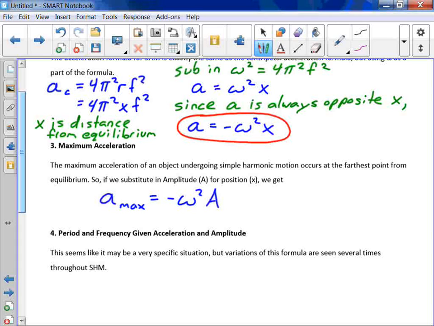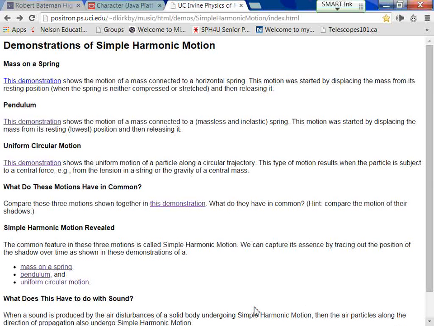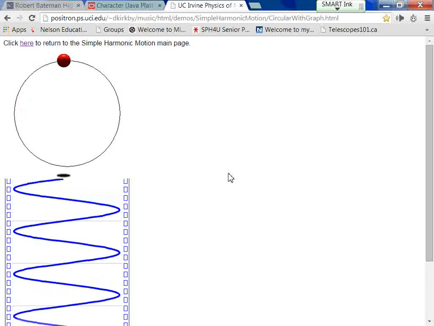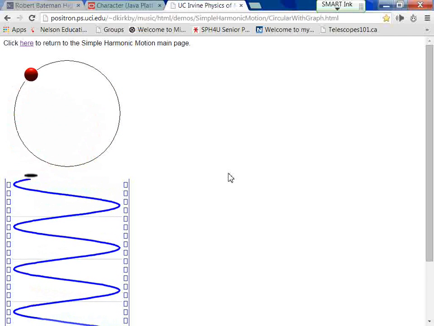R is the radius of the circle. X is the projection of that circle. I can't pause it, unfortunately.